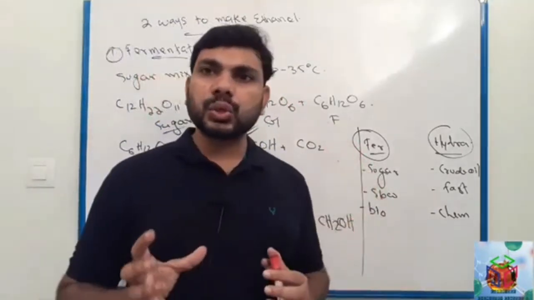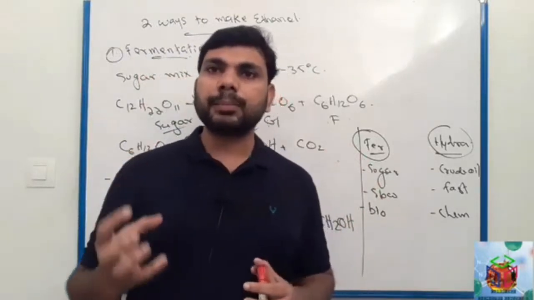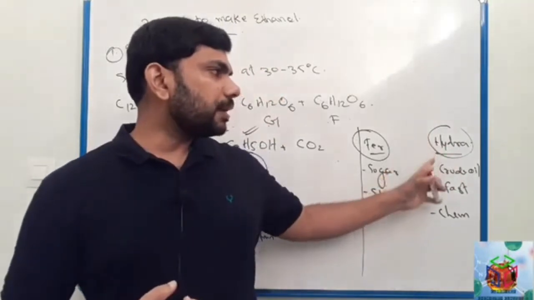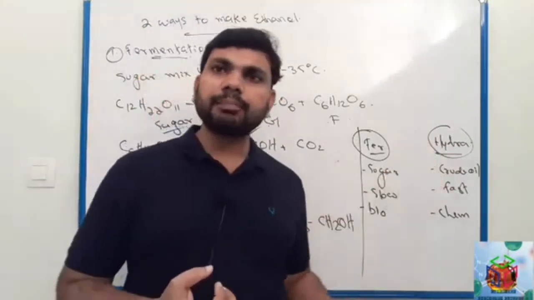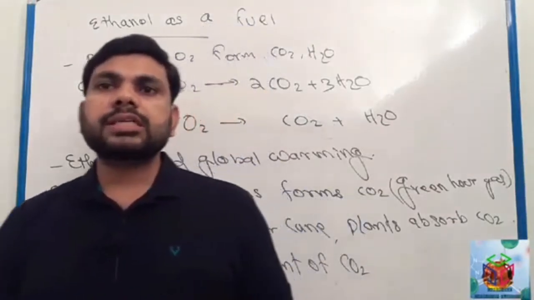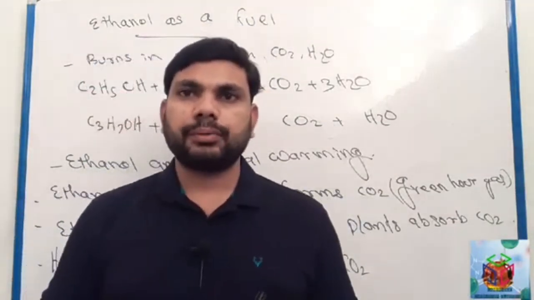The major source of raw material for fermentation is plants, sugarcane, and the raw material for hydration of alkene is crude oil.